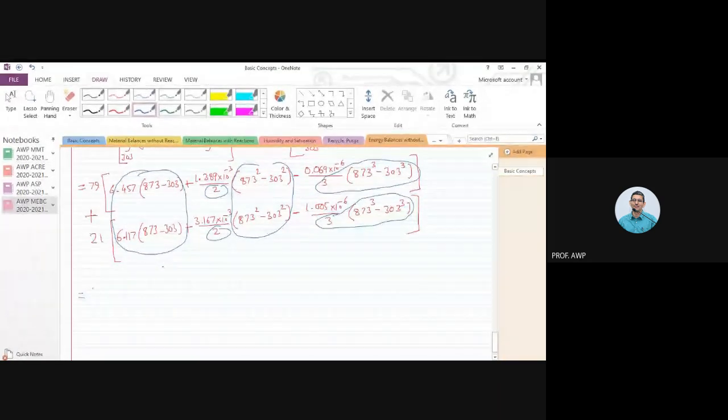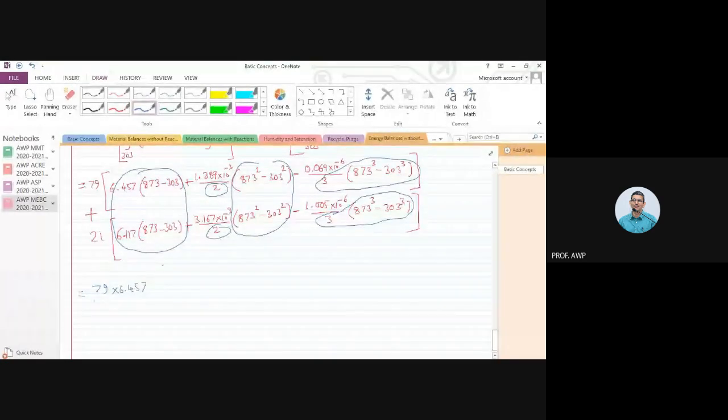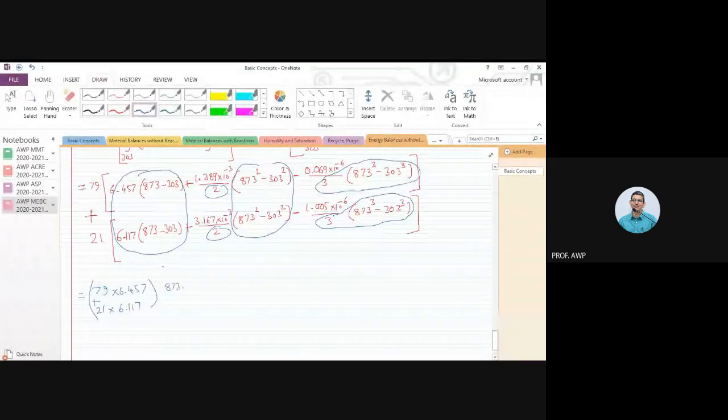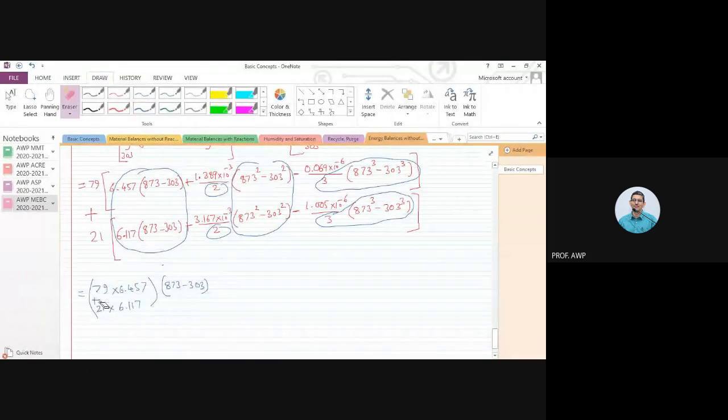So what you are saying is 79 into 6.457 plus 21 into 6.117, into 873 minus 303, or you are taking out 100 also common.